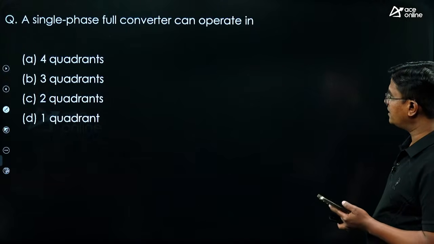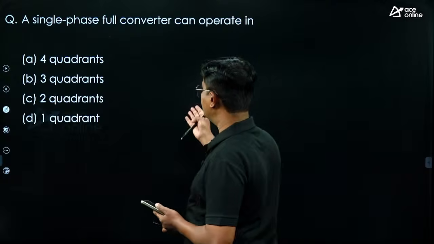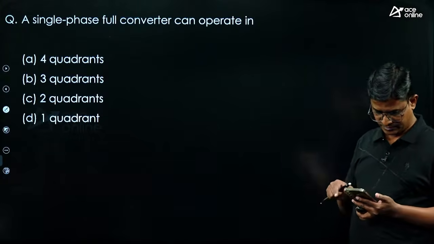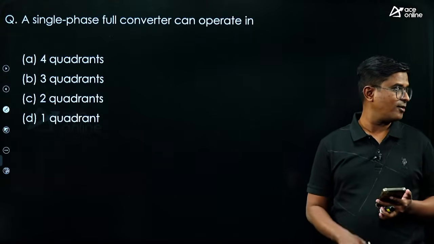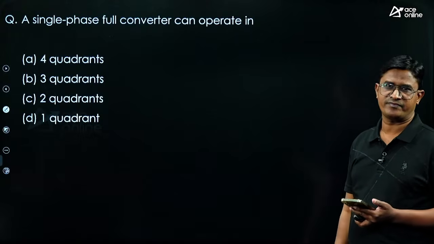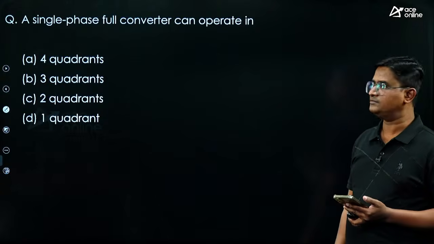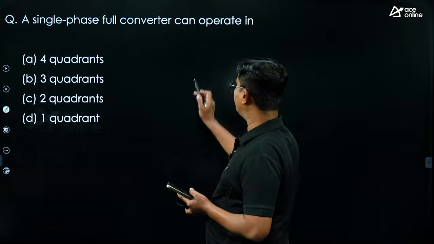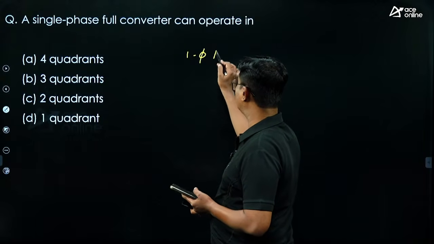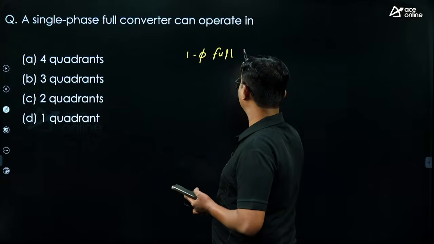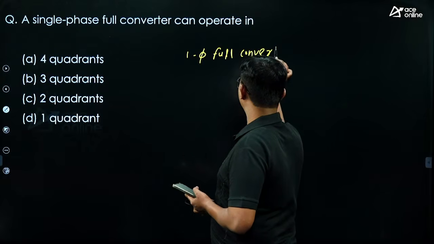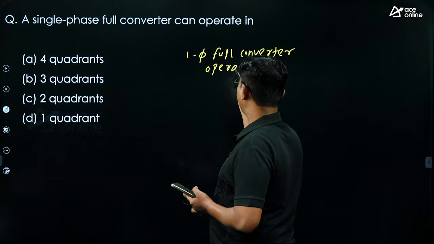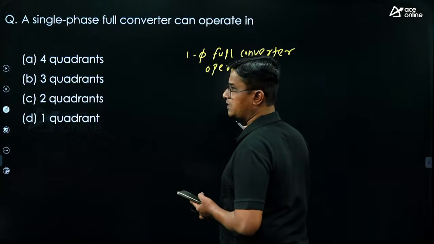Single phase full converter operates in which quadrants? First and fourth quadrant, right? That is nothing but first and fourth. Single phase full converter operates in first and fourth quadrant.